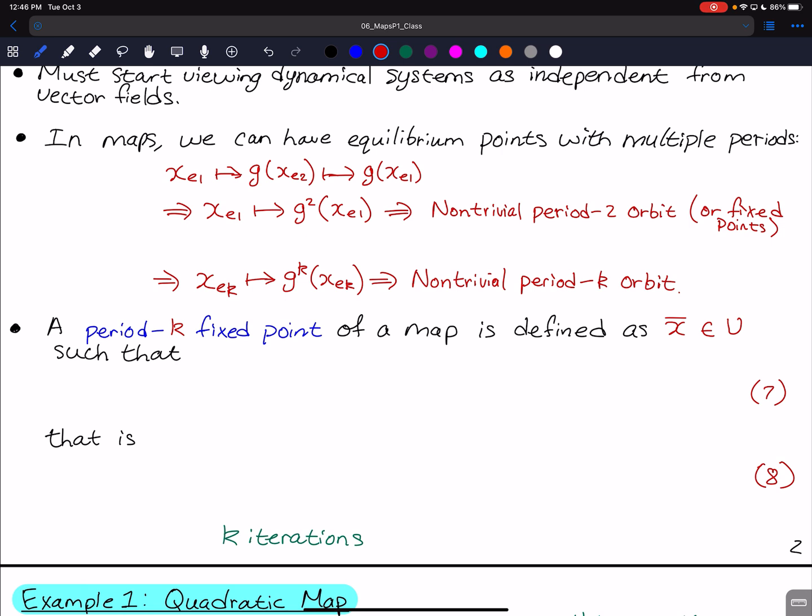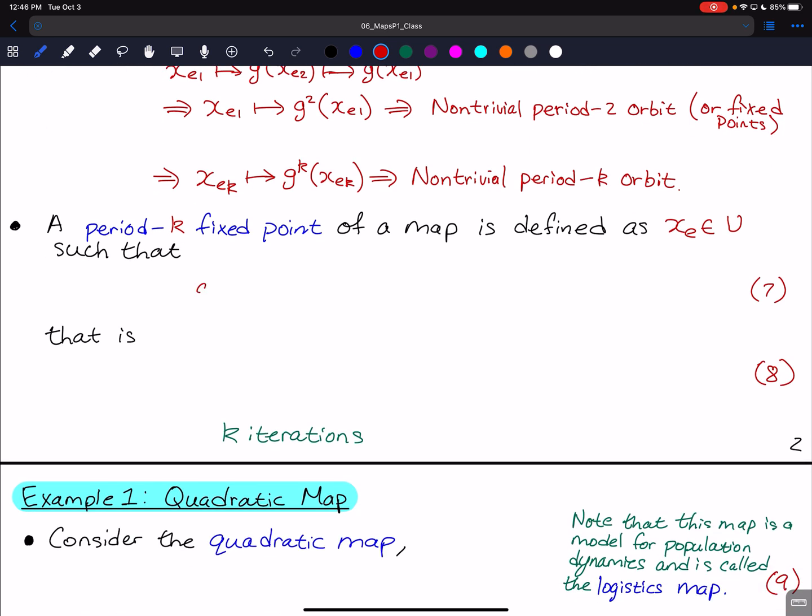Okay, so then a period k fixed point of a map is defined as another x bar here, defined for that fixed point being within the subset that the map lives in, such that g^k of xe is equal to xe, and again xe here is mapped from g^k of xe.